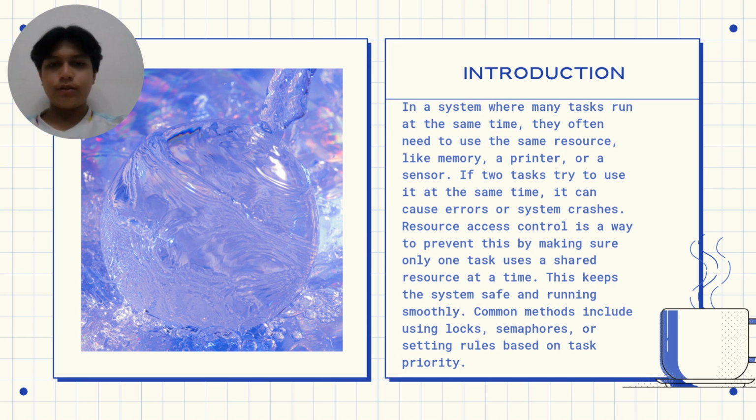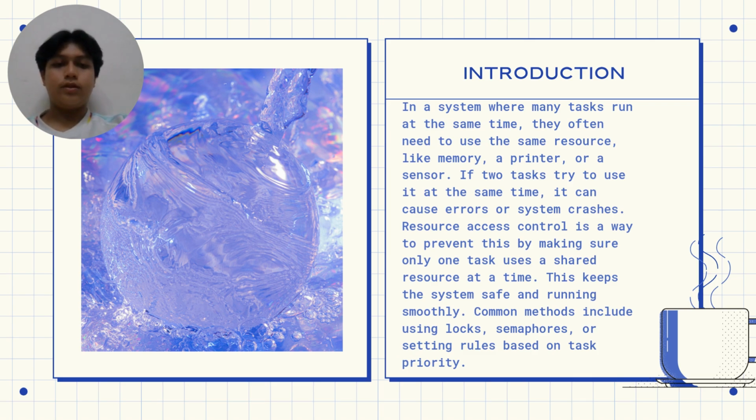So, the introduction for resource access control. In a system where many tasks run at the same time, they often need to use the same resource, like memory, a printer, or a sensor. If two tasks try to use it at the same time, it can cause errors or system crashes.